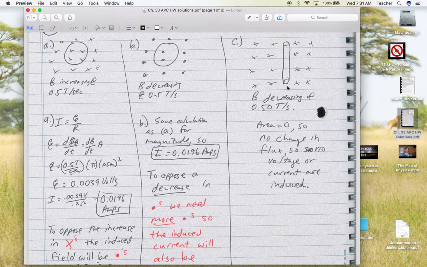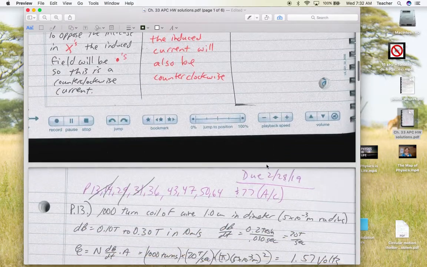Think about the area as being perpendicular to the face. So in this case, the area would be pointing out of the page. Here the area vector is pointing either to the left or the right. So because of that, cosine of 90 degrees is 0. So I have no flux here, and whether the x's are increasing or decreasing doesn't matter.